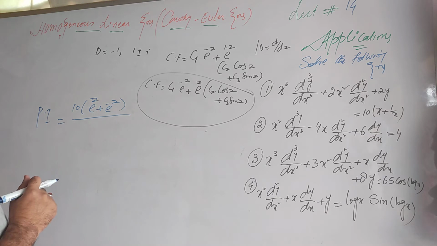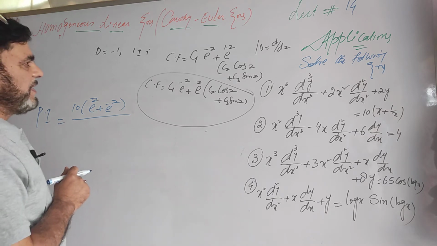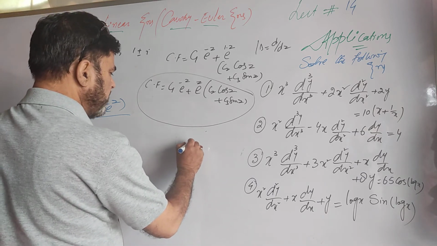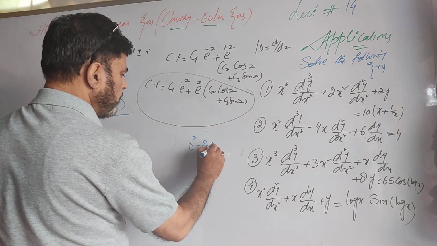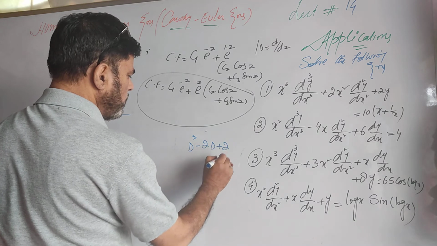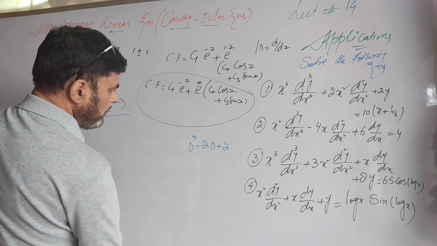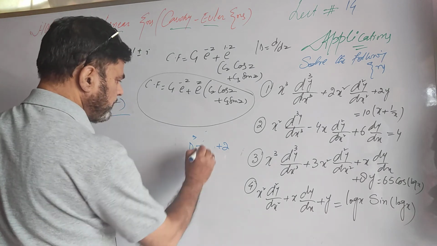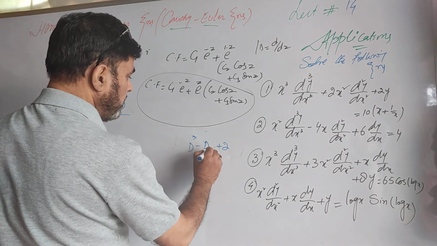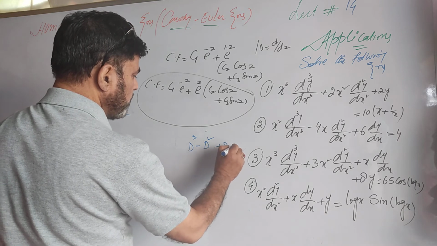I have rubbed it. It was D cube minus D square plus 2 is equal to 0.